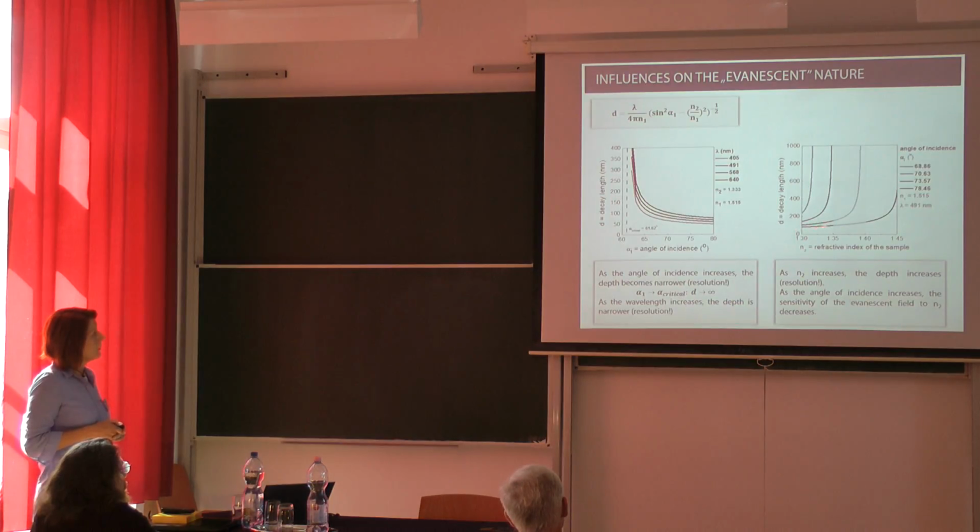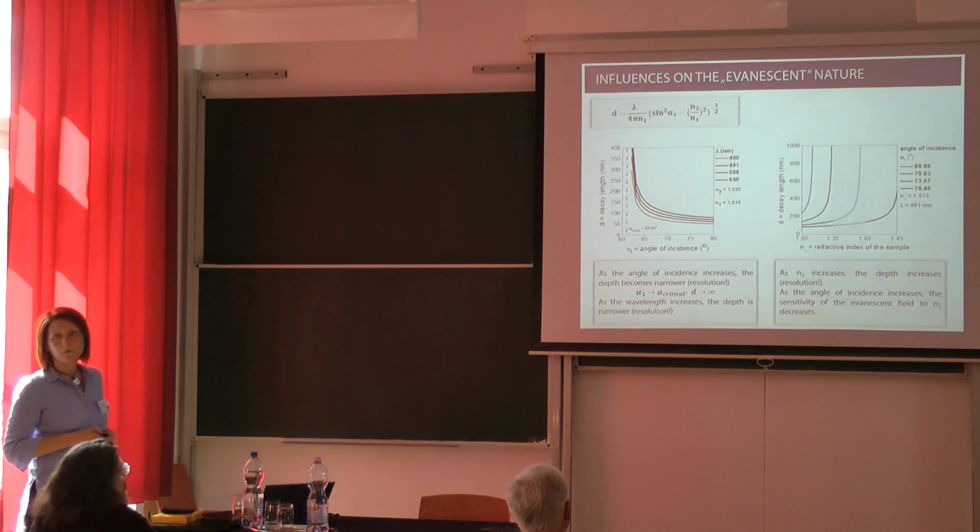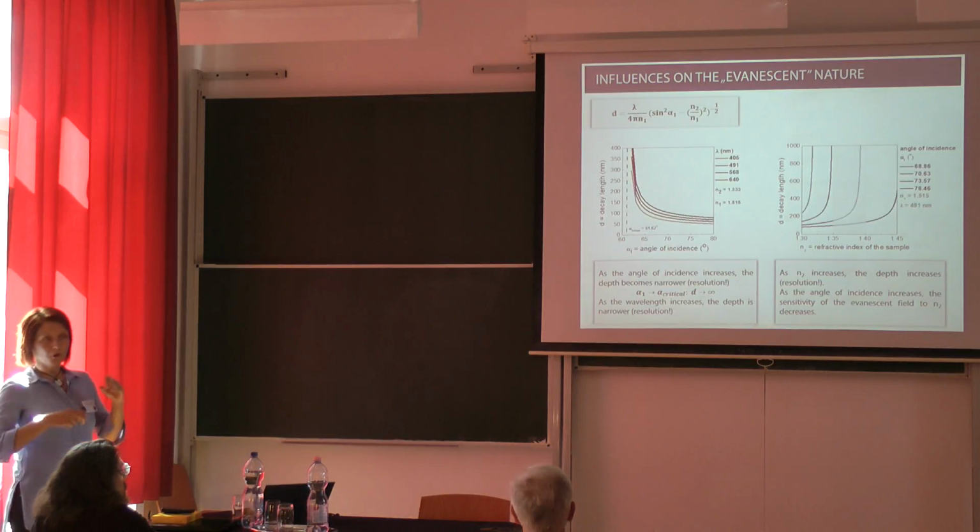If we look at one curve here, we can notice that if we increase the refractive index of the sample, then the decay length will increase as well. The other thing you can note here is that these curves were calculated for different angles of incidence. If you increase the angle of incidence, the decay length of the evanescent field becomes less sensitive to the refractive index of your sample.